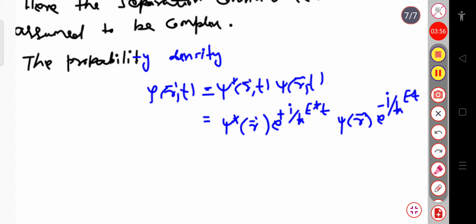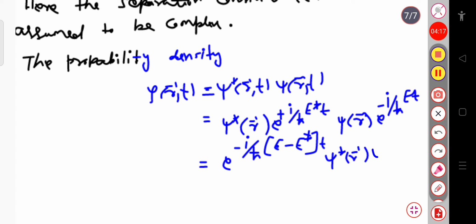Now if I multiply these two terms, this can also be written as exponential minus iota by h cut taken common, E minus E star whole into t, again into psi star of r into psi of r.